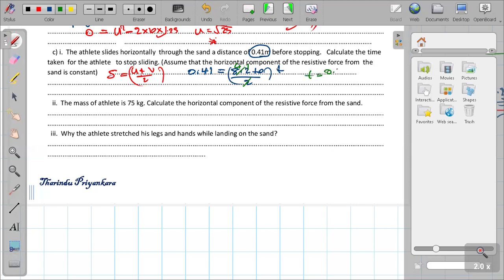T equals 0.41 over 4.1. Time is 0.1 second. Only 1 millisecond. Okay? Can you understand?